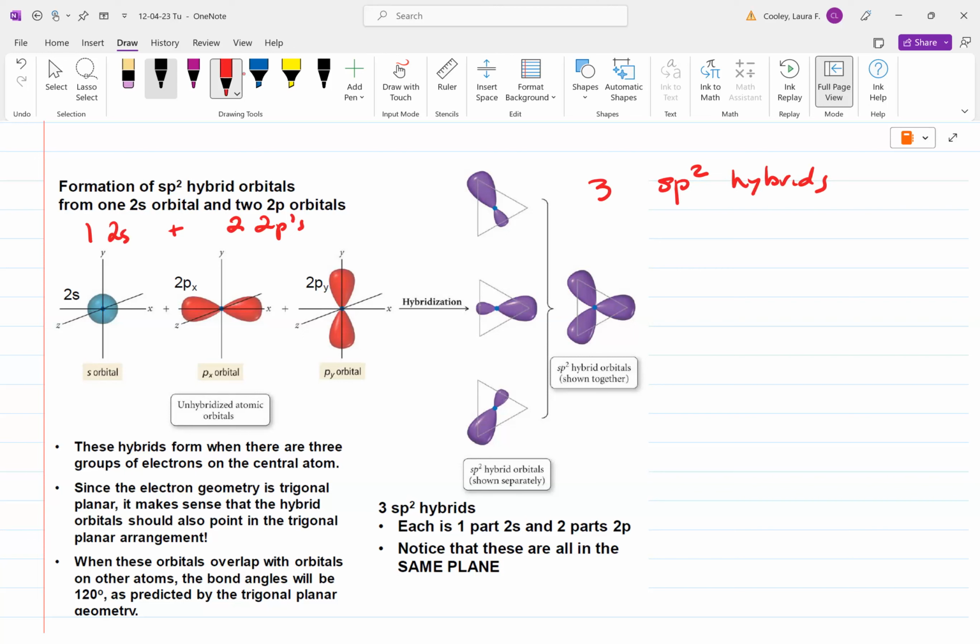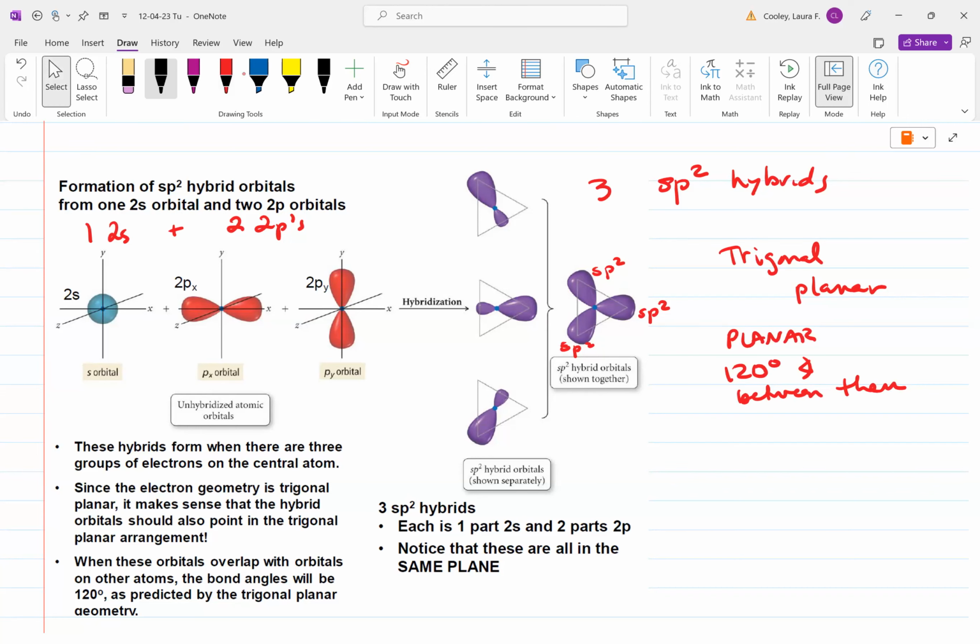We're going to need 3 hybrids. They're going to point in the direction of trigonal planar, right? So this is a trigonal planar set of orbitals. Each of these is an sp2 hybrid. So these are planar, and they have a 120-degree angle between them.